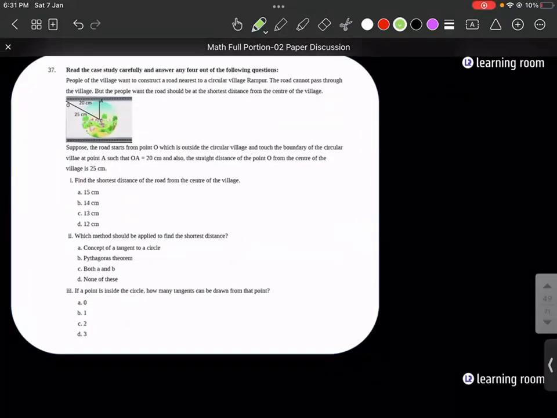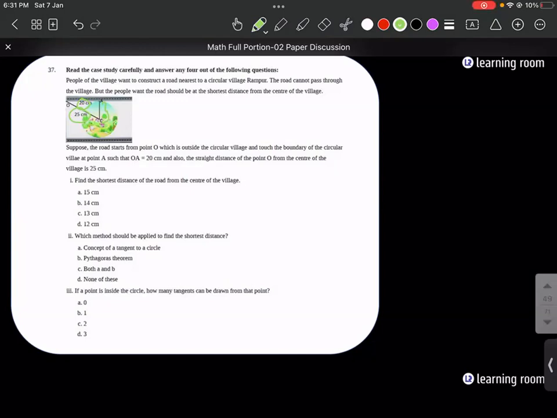People of the village want to construct a road nearest to the circular village Rampur, the road through the village. Okay, all these things are okay. This is 25, this is 20, and how much is this going to be? We need to find. Suppose the road starts from point O, which is outside the circular village, and touches the boundary of the circular village at point A, such that OA is equal to 20 centimeter, and also the straight distance of the point O from the center of the village is 25 centimeter.